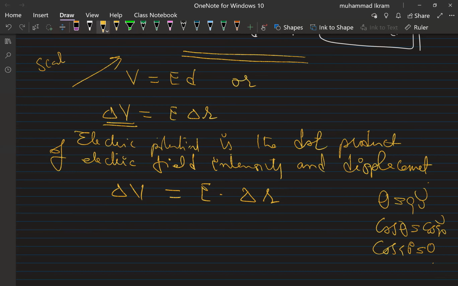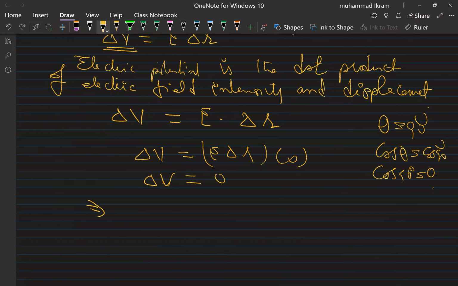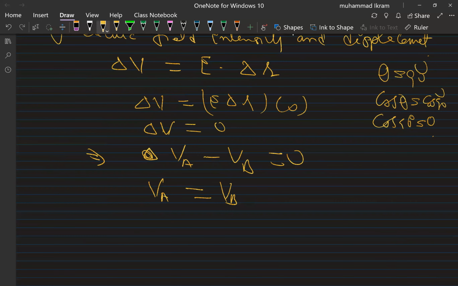So delta V will be equal to E dot delta R into 0. And what does this mean? That delta V is equal to 0. This means that V at A minus V at B is equal to 0. That is, VA is equal to VB.